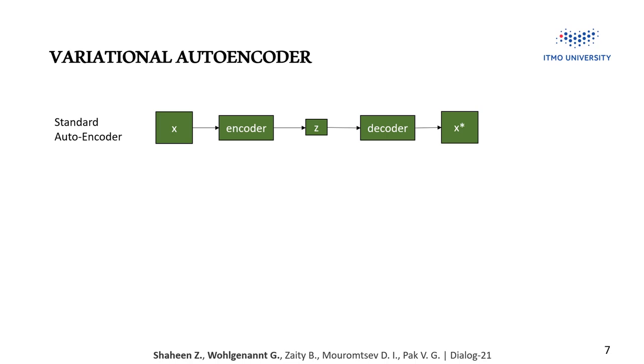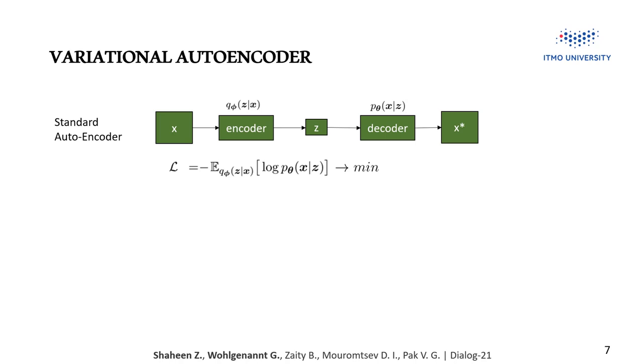decode an output. So the encoder calculates the probability distribution of the latent code Z given the input X, where phi is the parameters of the encoder, and the decoder calculates the probability distribution of the output given the latent code, where theta is the parameters of the decoder.